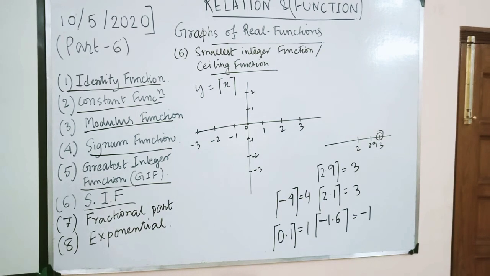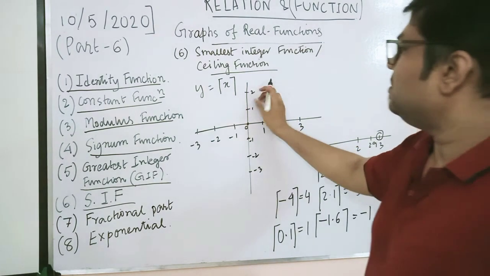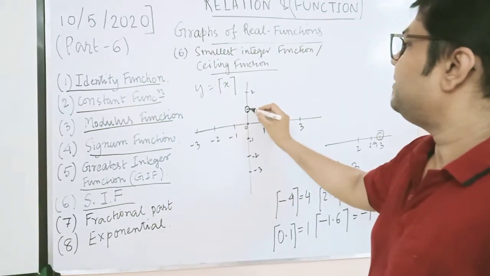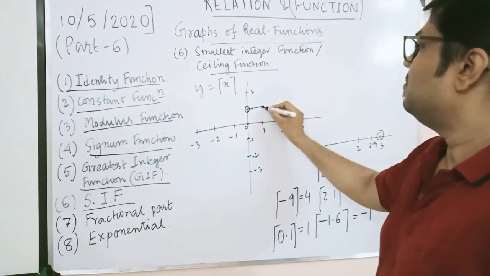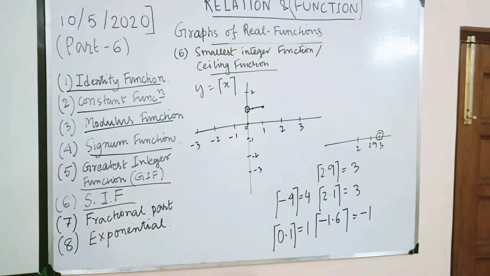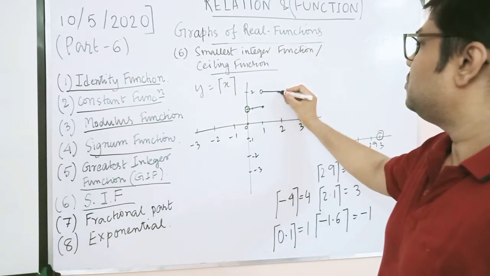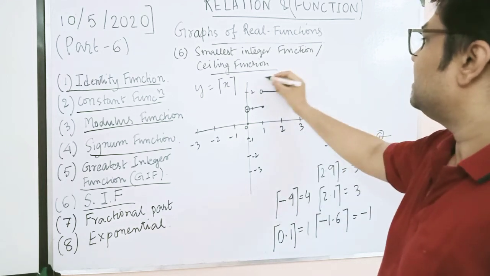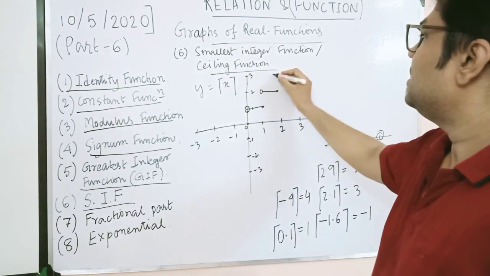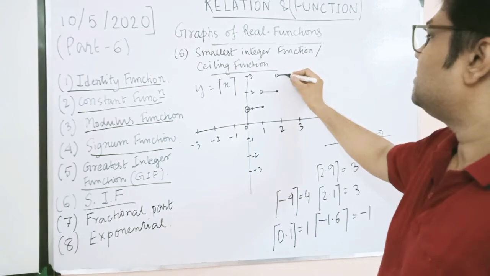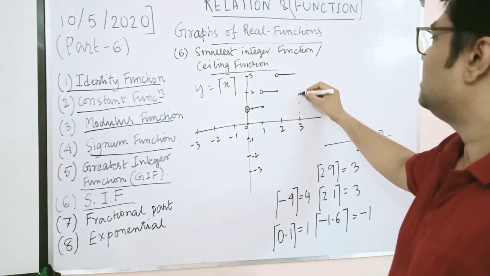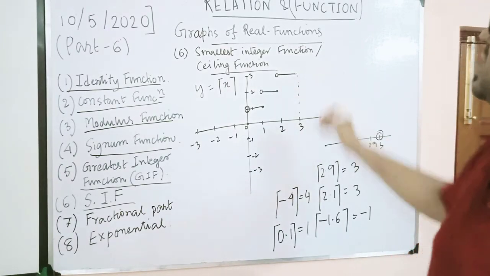If it is 0, then it is 0. So it will exclude the left integer and move till this. Now again it will start from here, excluding this one with the open bracket, and move like this. If there is a 3 over here, it will start excluding 3 and move up to 3.